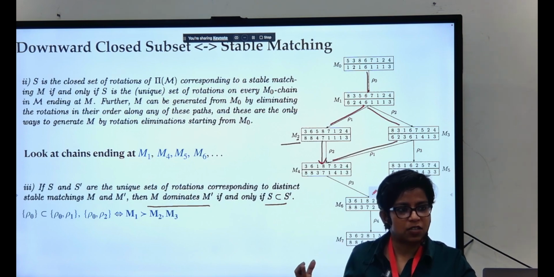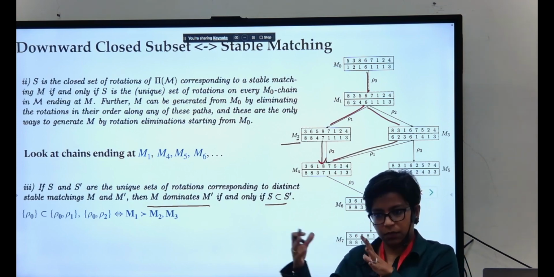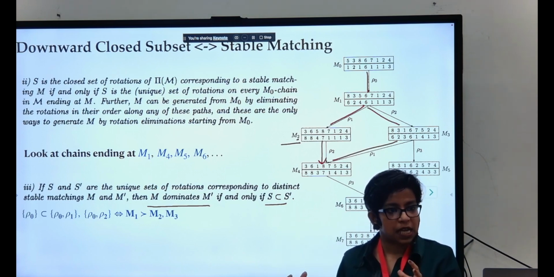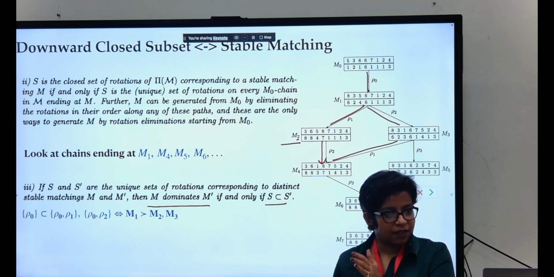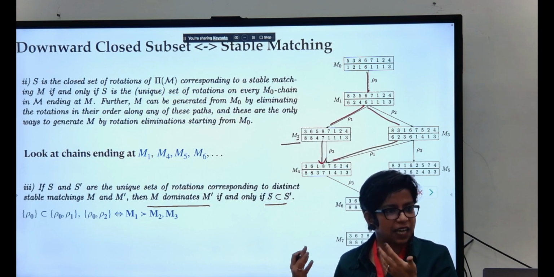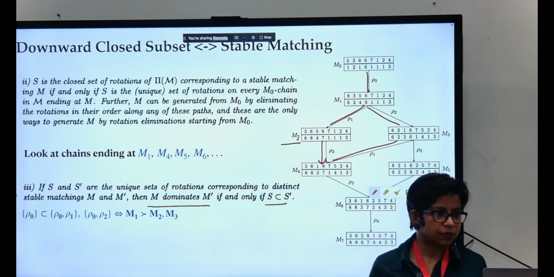Now, this is not the end of it. There are very sparse directed graphs that capture the precedence, the ordering on the rotation poset. Sparse graph means graphs that do not have too many edges, like they are linear in the number of vertices. Doing algorithms there is easier in terms of time complexity and likely to be more efficient than doing it in a more dense graph, for instance.